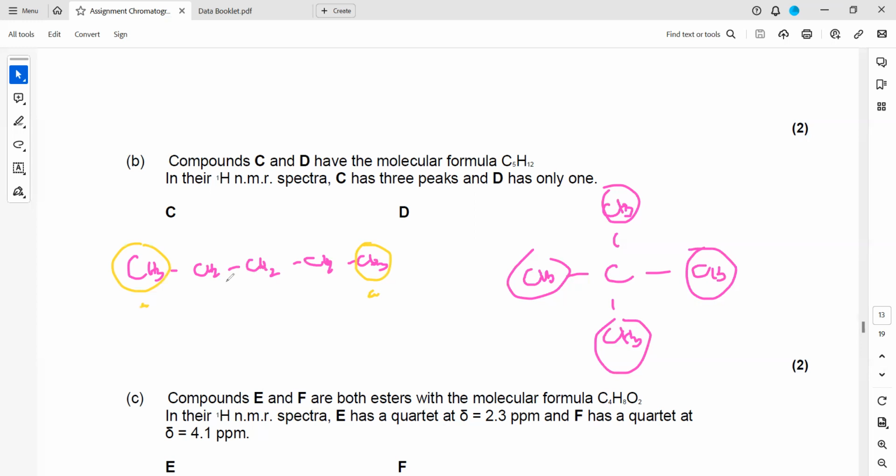Then CH2 with CH2, this is B. And this one is C. So A, B, and C, three peaks are there, with a ratio of 6, 4 and 2, so it will be 3, 2, and 1. So this was page 13, part B.